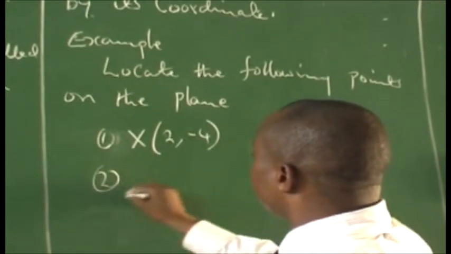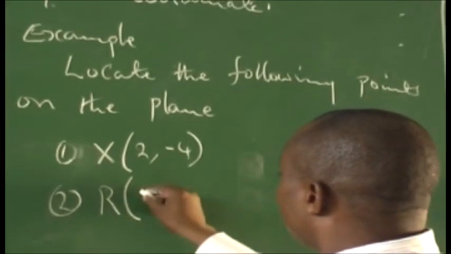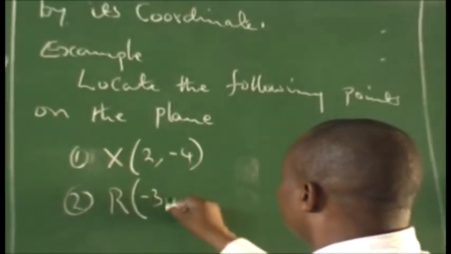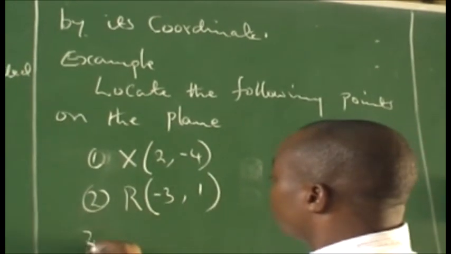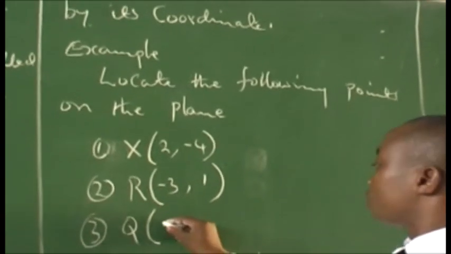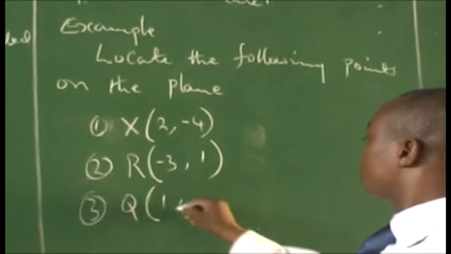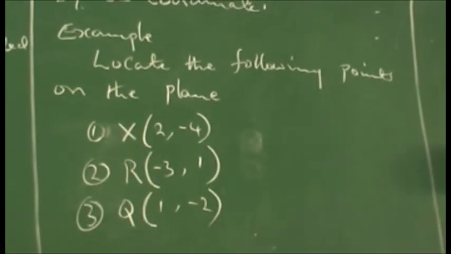Another point, point R, has minus 3 and 1. Another point, point Q, has 1 and minus 2. So we want to locate these points on the plane.